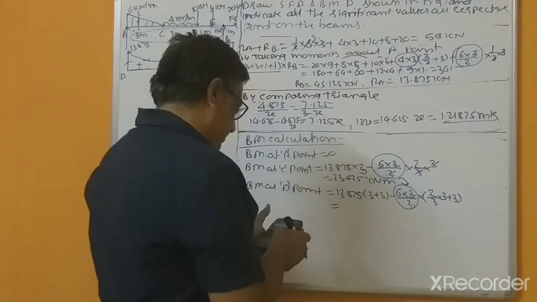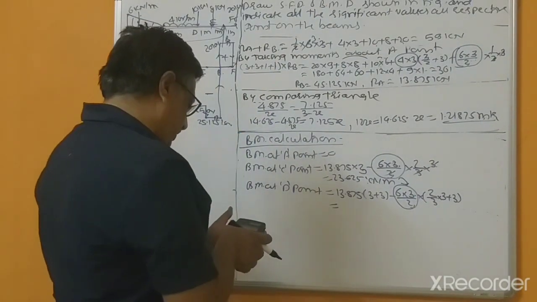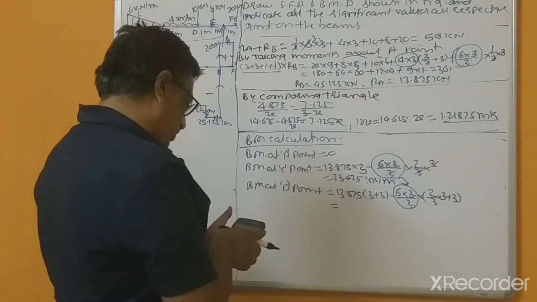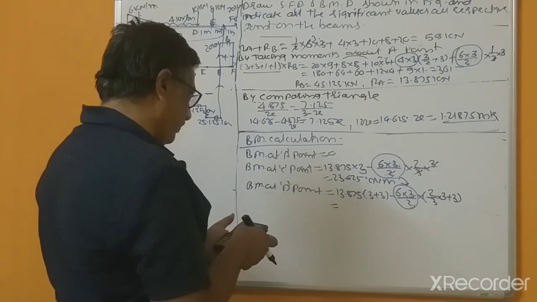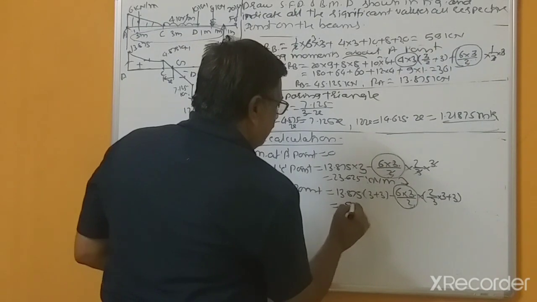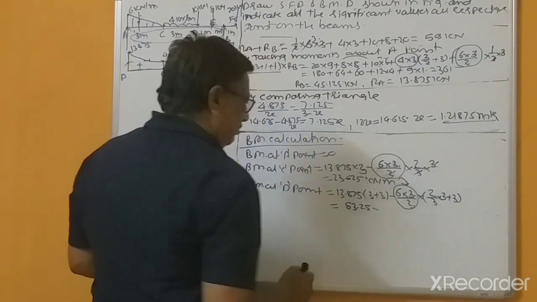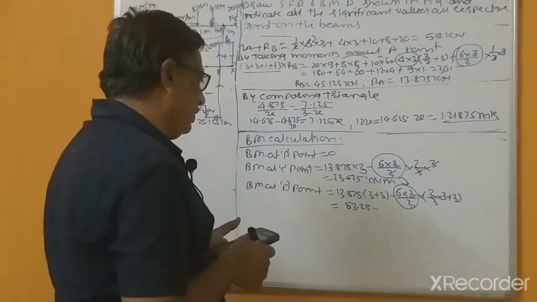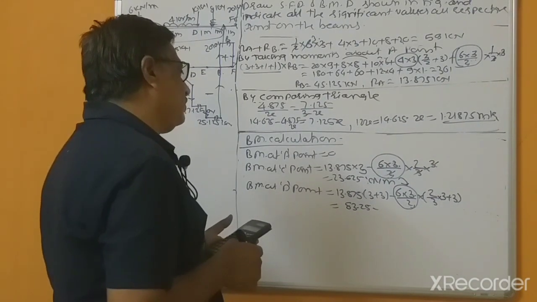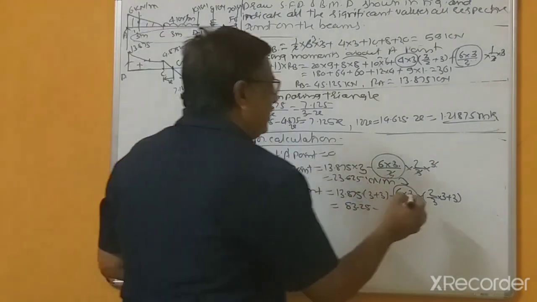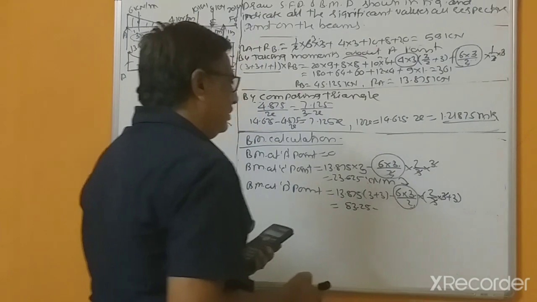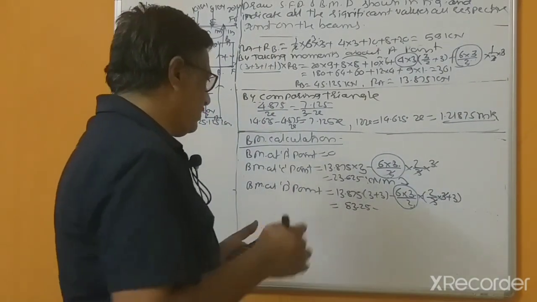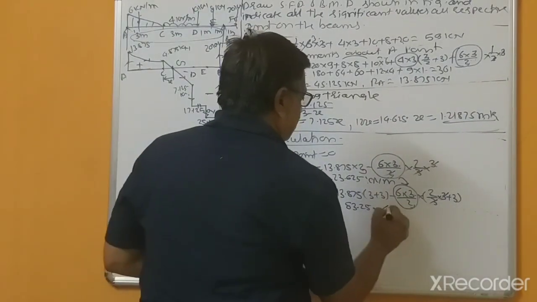So that's why 13.875 multiplied by 6, 83.25, minus 9 into, this will get cancelled, 2 plus 3, 5, it's 45, minus 45.